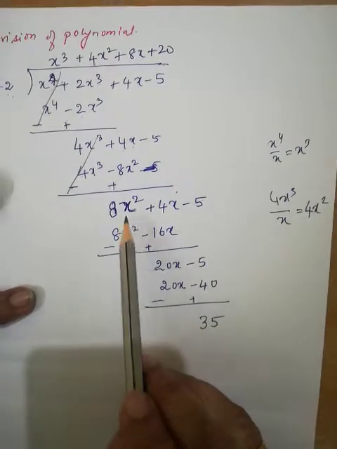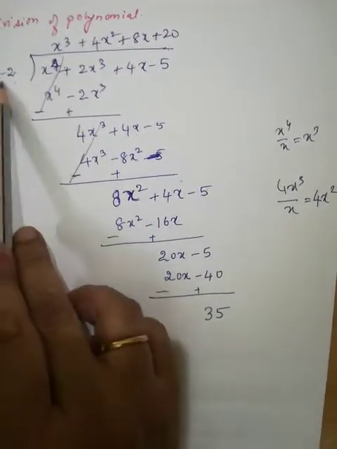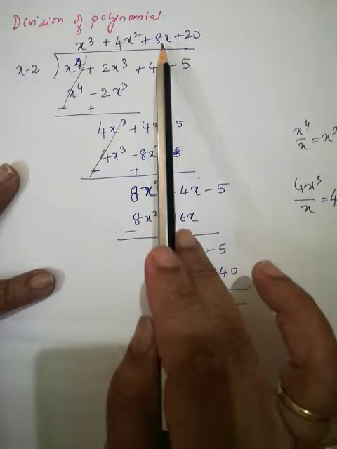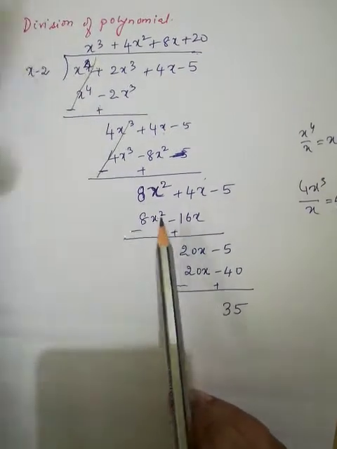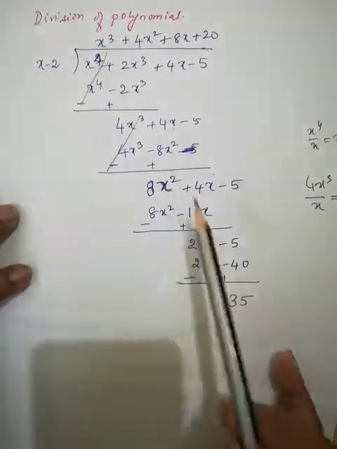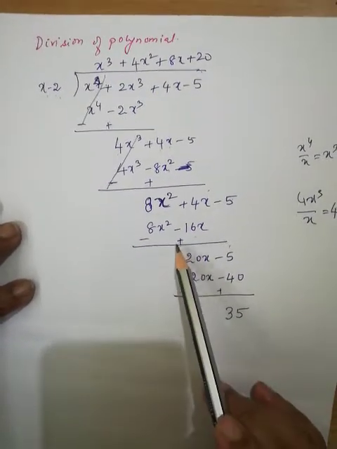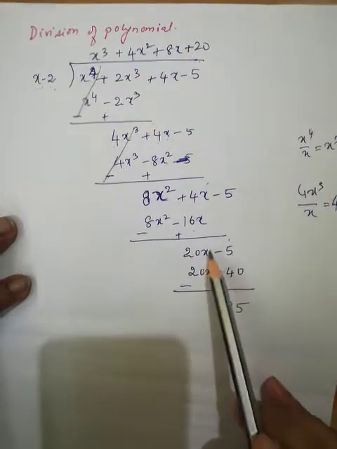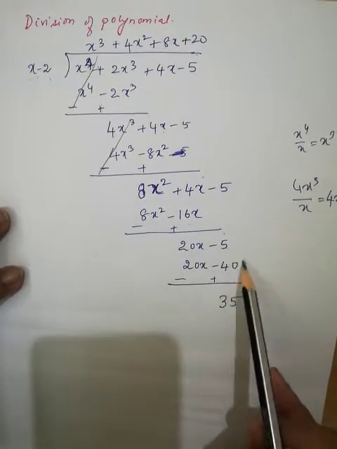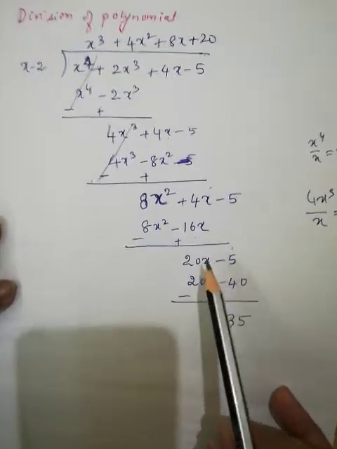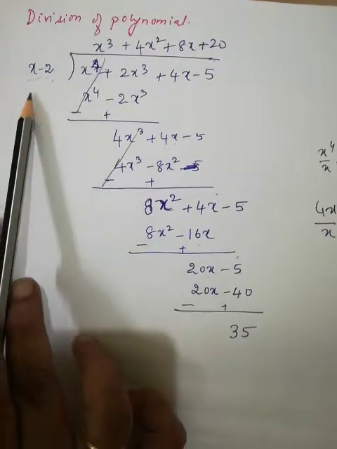Now again the first term of this and first term of this will divide. We get 8x. So we get 8x square minus 16x. Again subtract. You get 20x here because plus minus 5. Till when you will do? Till the degree of this polynomial is lesser than the divisor.